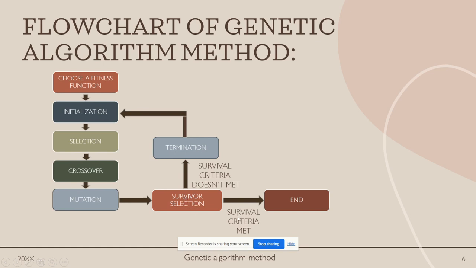If the survivor criteria is met, then we will end the method. If the survival criteria isn't met, it will enter into the next generation, and the same process continues until the survivor criteria is met.